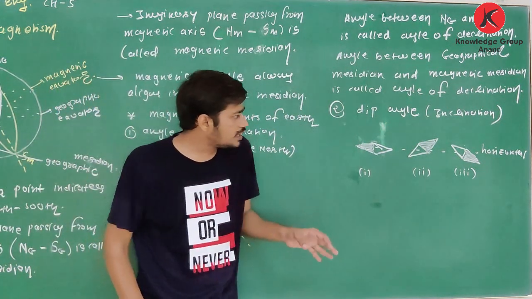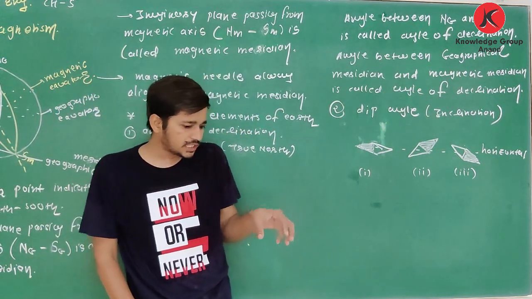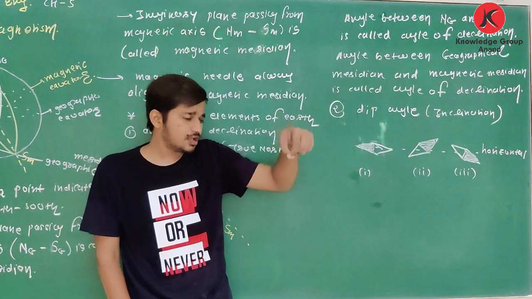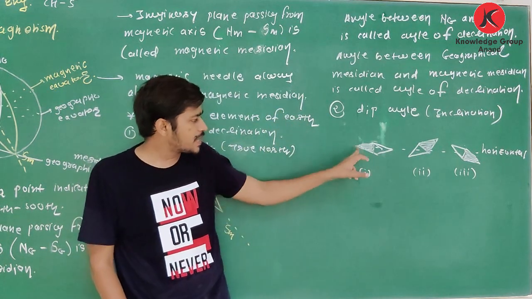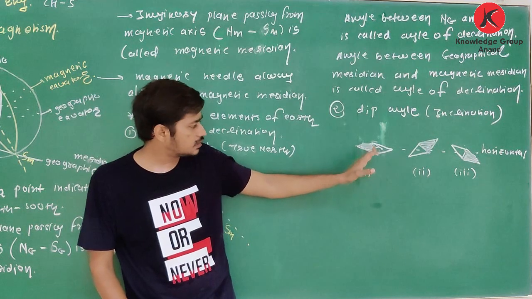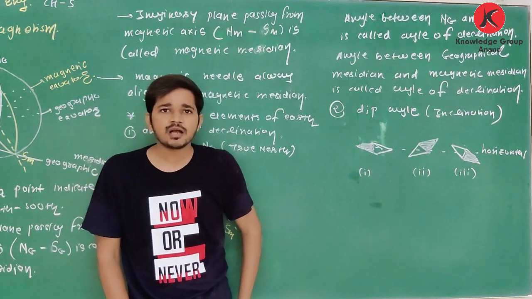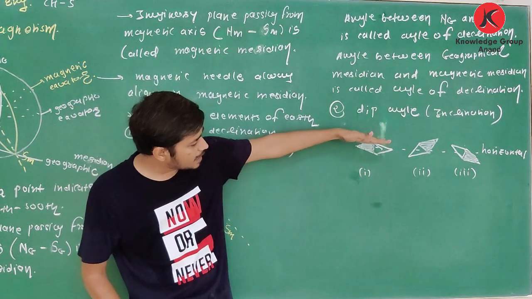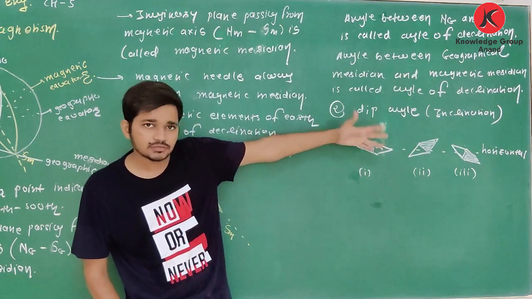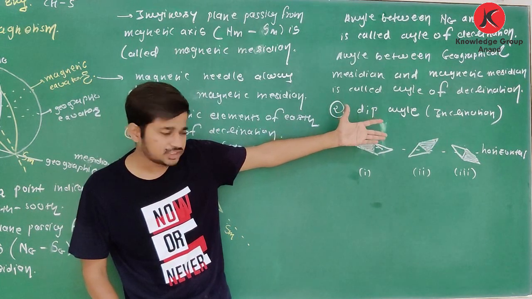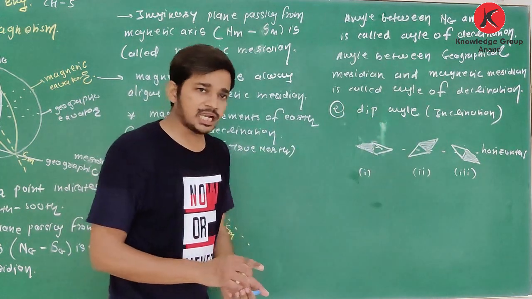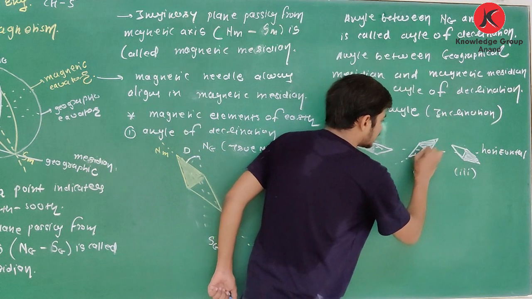If we have a magnetic needle free to rotate, or suspended freely in Earth's magnetism, then it may be 1, 2, or 3. These three cases are possible. In the first case, the magnetic needle is in the horizontal direction. Here, the magnetic needle means the magnetic field.